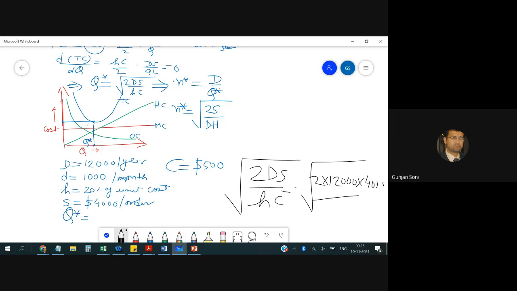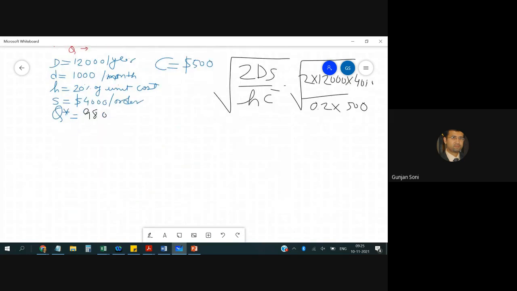Here H is 0.2 into C, that is 500. So you get this value Q as 980. Okay, good. So now if I have to find out the average cycle inventory, it will be Q star by 2.